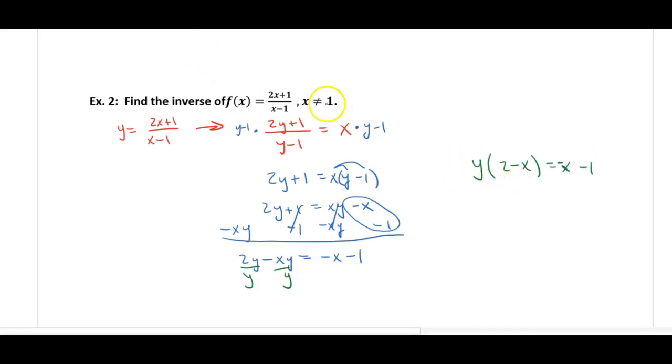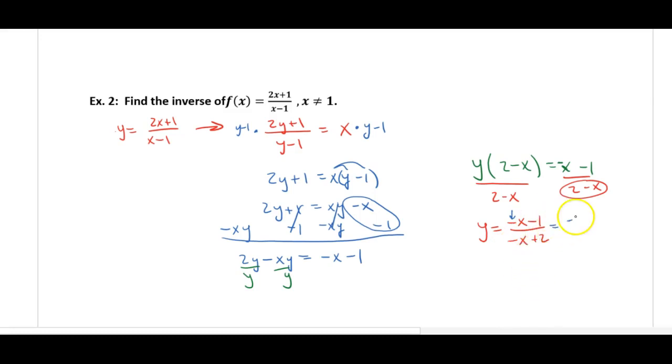Now from there, I'm going to go ahead and divide by 2 minus x. And that would give me y is equal to negative x minus 1 over, I'm going to rewrite this as negative x plus 2. Now the one thing they don't like in math is when these leading coefficients are negative.